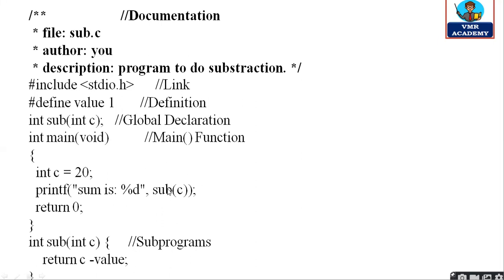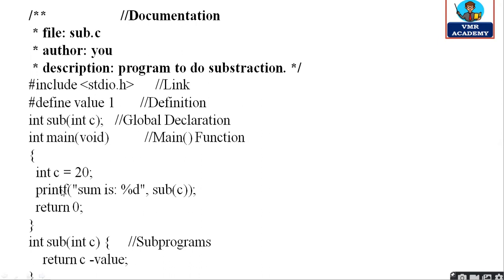If the logic is correct but in the output you get sum, so if I do 20 plus 1, generally I should get 21, right? But we are writing the program for subtraction. Such errors have to be cleared out when you design a program.